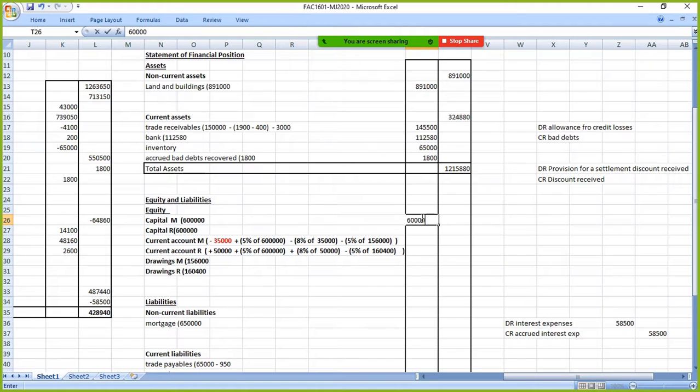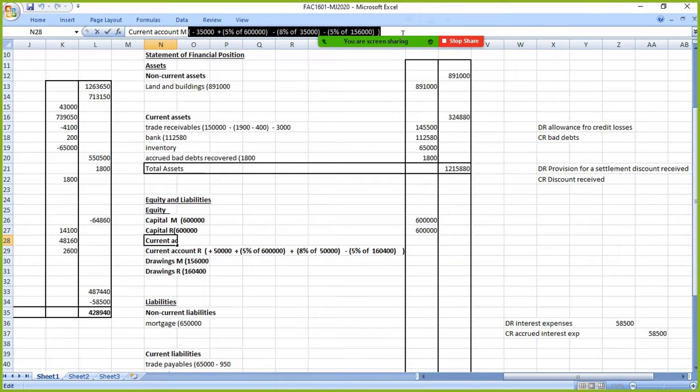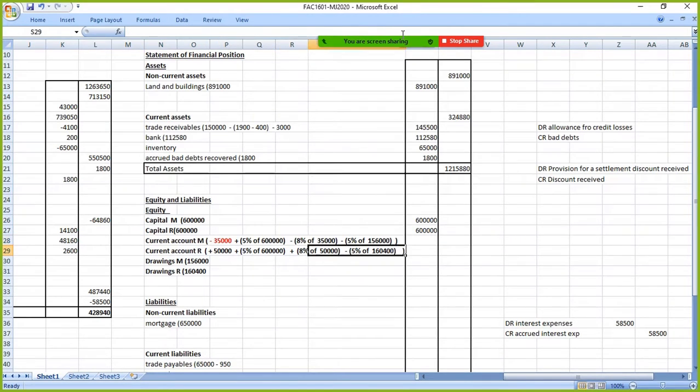Okay, capital, current accounts, 5% of, 8% of, 5% of.